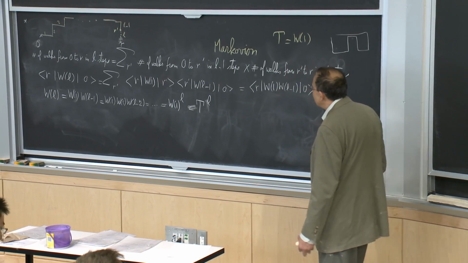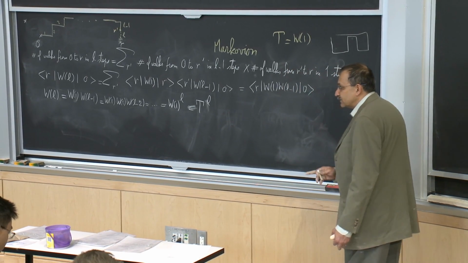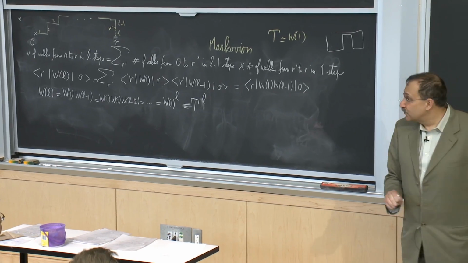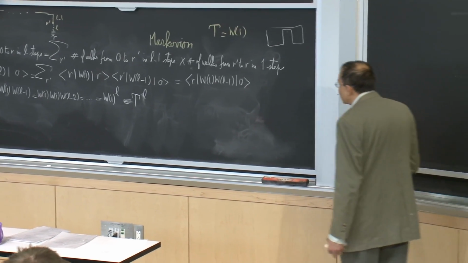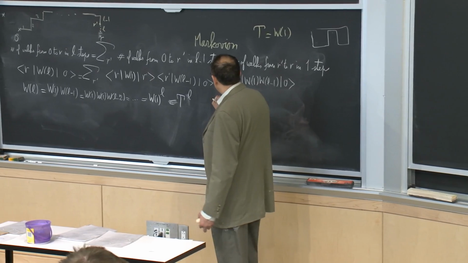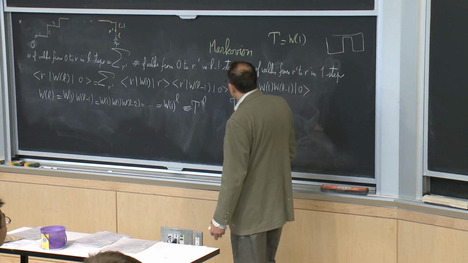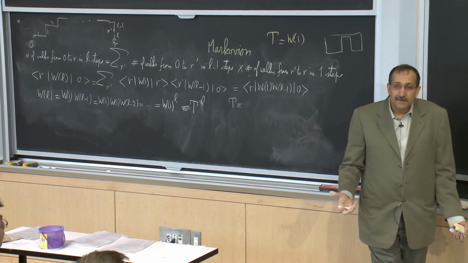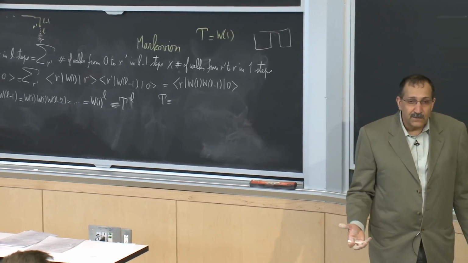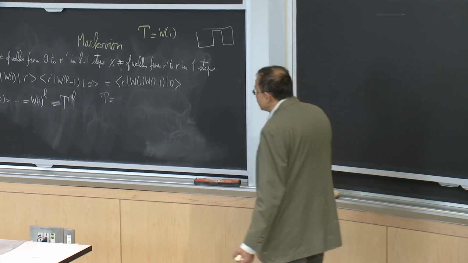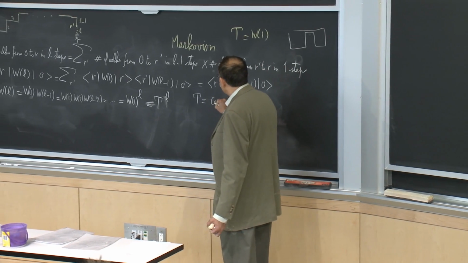Now, yeah, question? No? Okay. So this matrix, where you can go in one step, is really the matrix of who is connected to whom, right? So this tells you the connectivity.